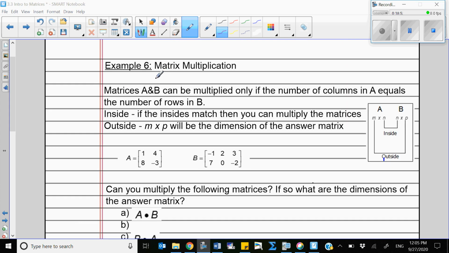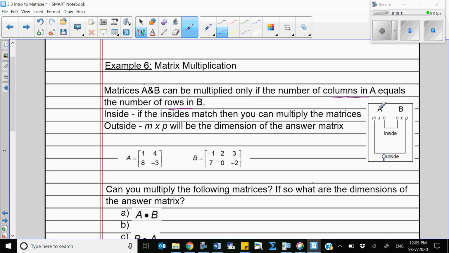Now we're going to learn how to multiply two matrices. Notice that matrices A and B can be multiplied only if the number of columns in A equals the number of rows in B. A is the first matrix and B is the second one. I have written that here for you.